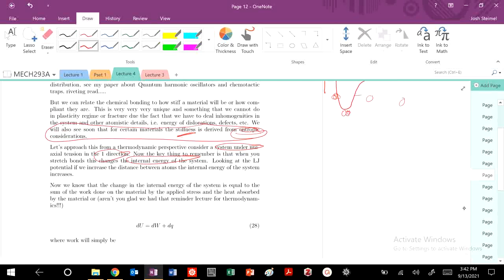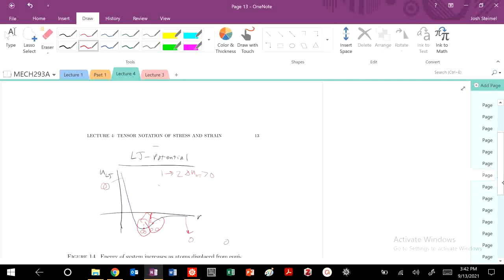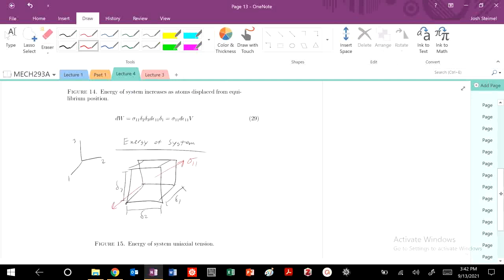From thermodynamics, a quick refresher, we calculate the change in internal energy of our system by summing the work and the heat. Work we've already calculated several times.